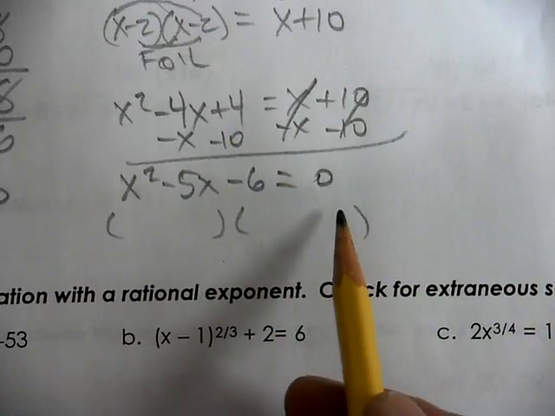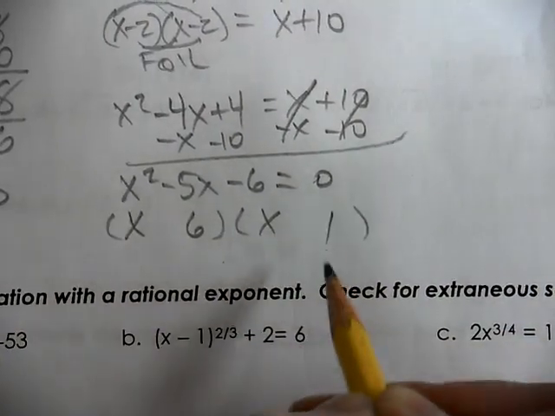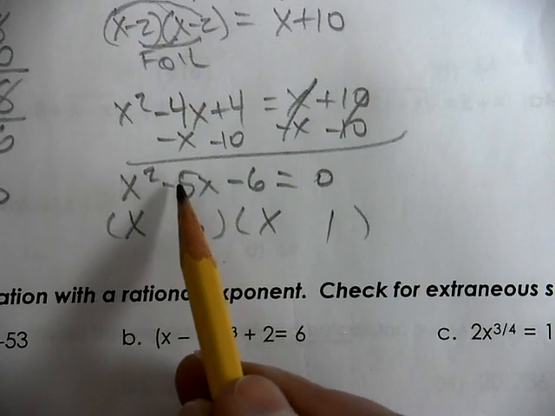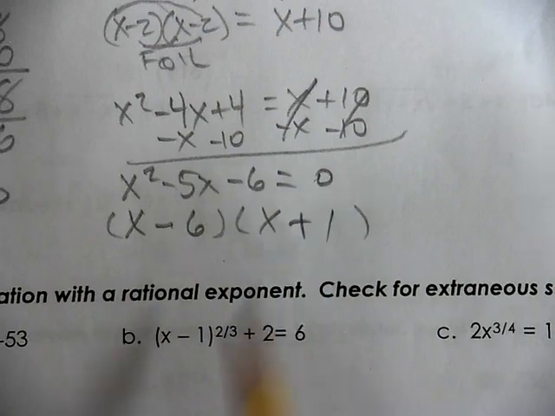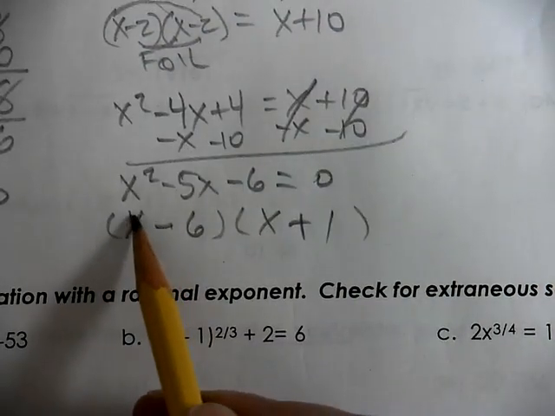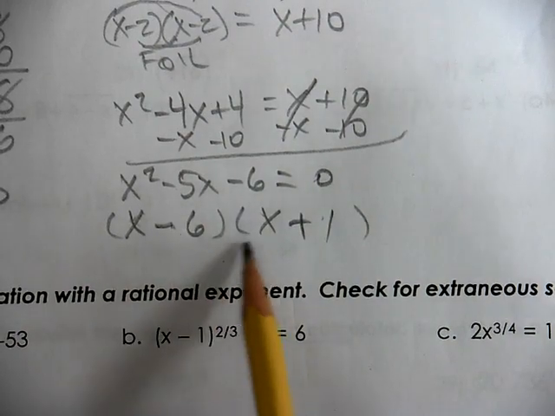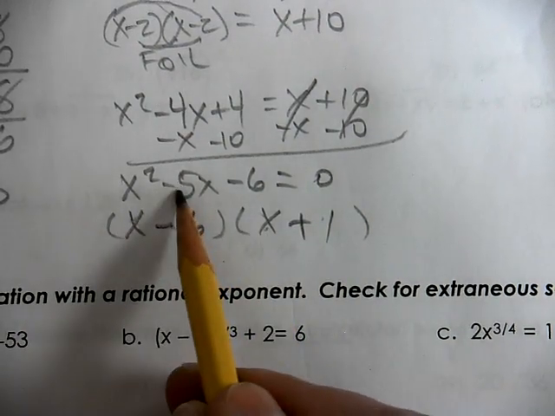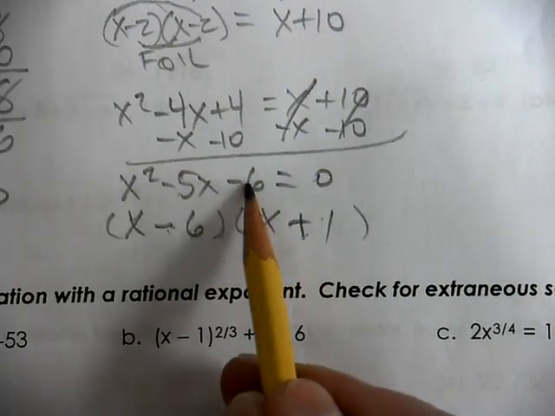So it can't be 2 and 3. It has to be 6 and 1. Because you have more negatives, we're going to say it's a negative 6 with a positive 1. x squared, positive 1, minus 6 gives us negative 5x, and different signs gives us a negative 6.